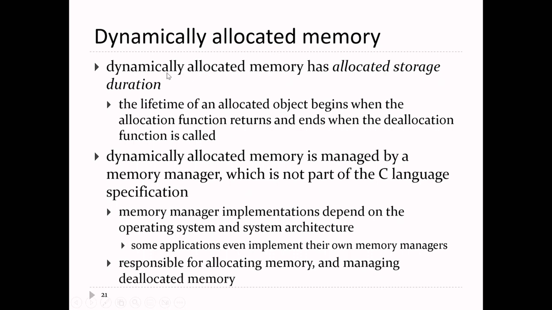And so that's what dynamically allocated memory is. The lifetime of an allocated object begins when the allocation function returns and ends when some deallocation function is called. So you're going to call some function to ask for memory, and then you're going to call some function to release the memory when you're done with it. Now notice the problem is the programmer is responsible for asking for the memory and then deallocating the memory.